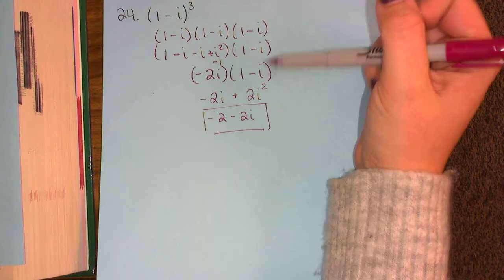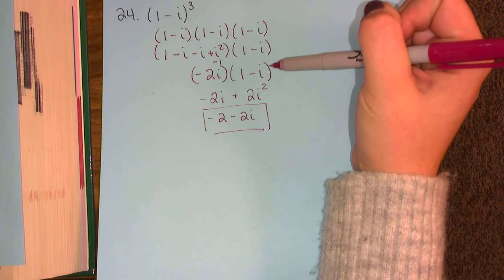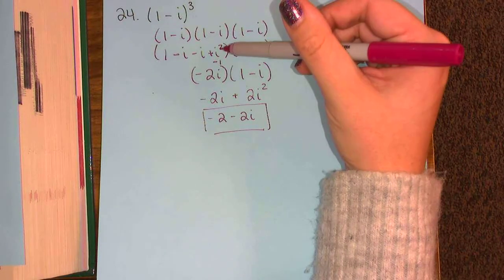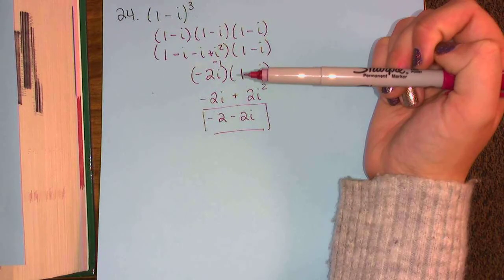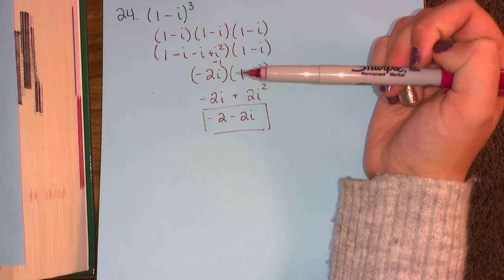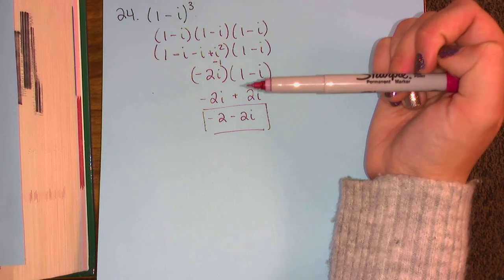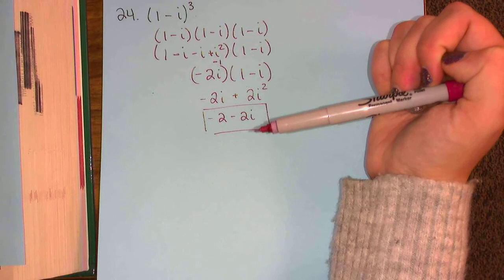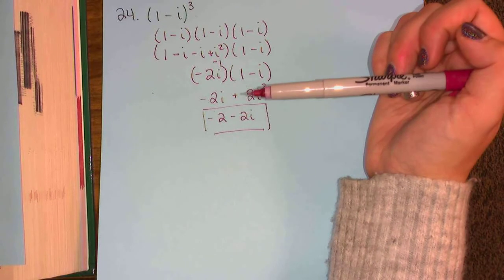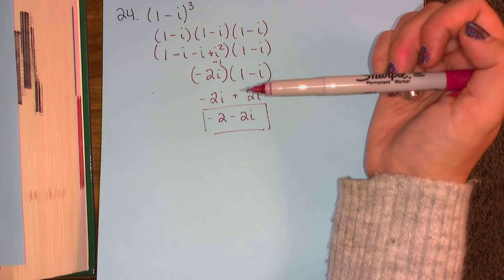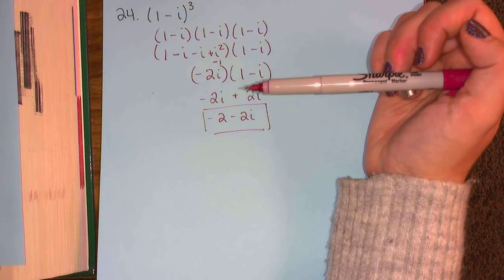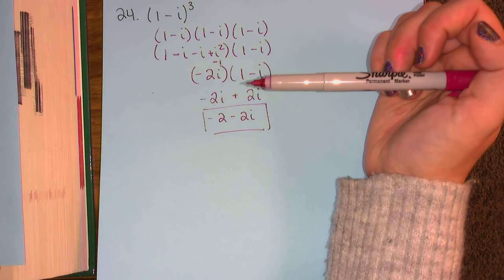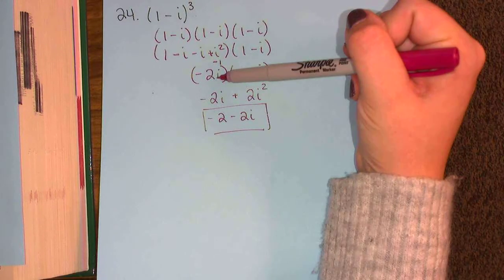Where? Negative I minus I. Negative 2I. What do you mean? Yes. So that's why it went away and I just was left with negative 2I.